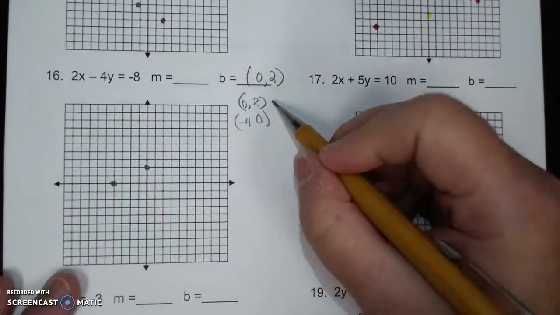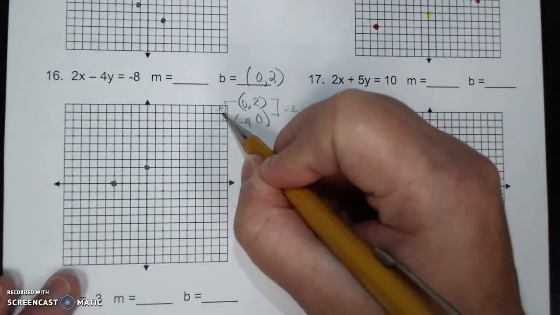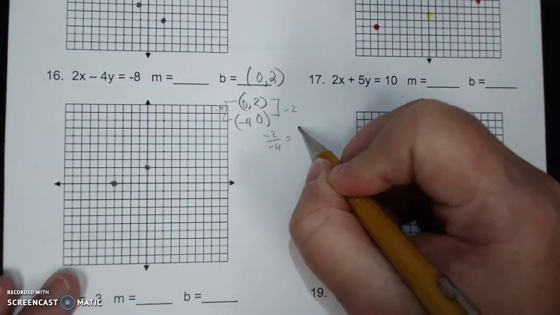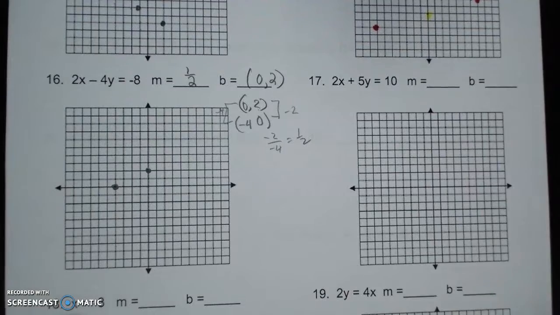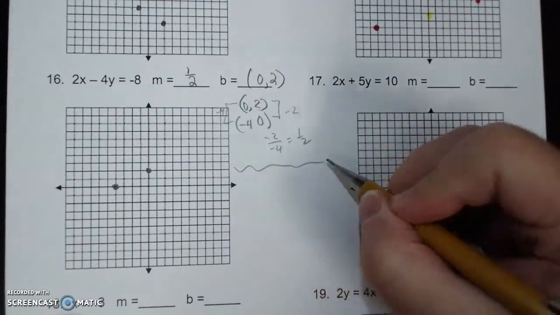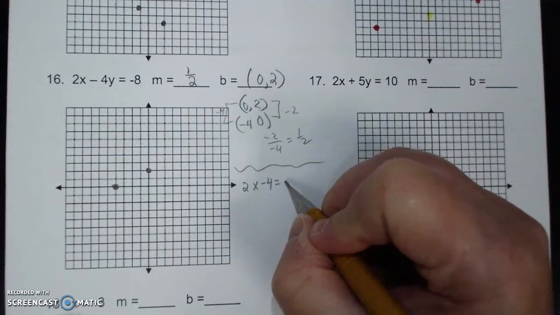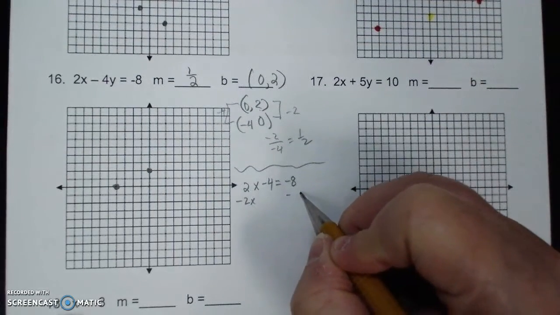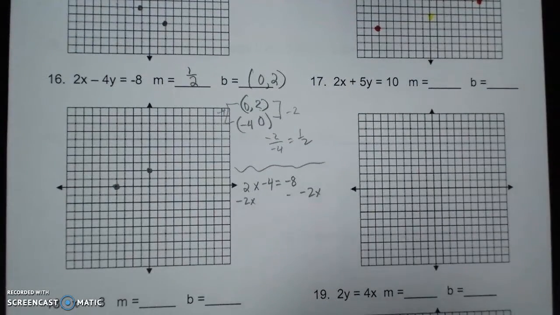If you use these, you can say minus 2 over minus 4, and negative 2 over negative 4 equals 1/2, so that's my slope. Or you can say 2x minus 4y equals negative 8. Subtract 2x, subtract 2x. Don't want to put it under the 8.